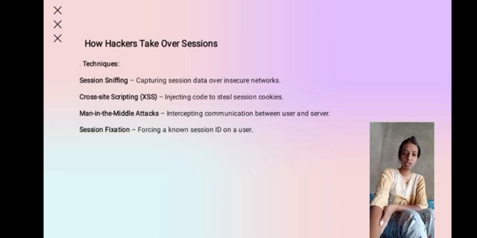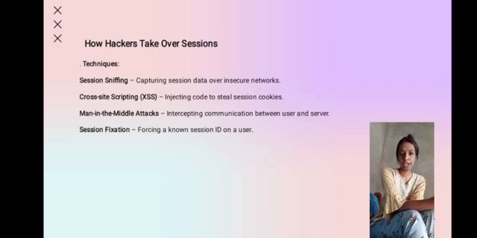Using this technique, hackers can take over the session. Next is cross-site scripting, in which the hacker injects malicious code into a web application to steal the cookies of the user. Using this technique also, the hacker can take over sessions.